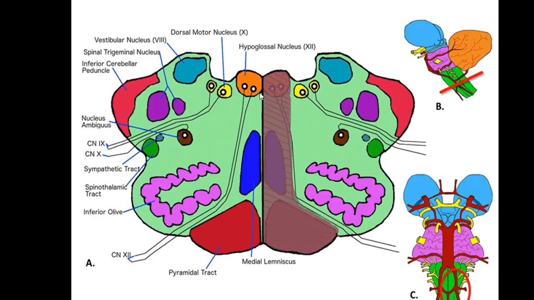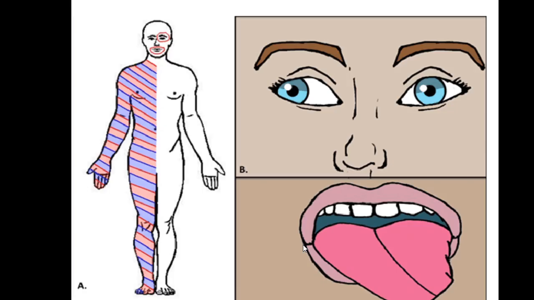Here you can see the involvement of the pyramids, the medial lemniscus, and the hypoglossal nerve. In this diagram, you can see the loss of pain and temperature sensation. You can see the wasting of the muscle of the tongue.